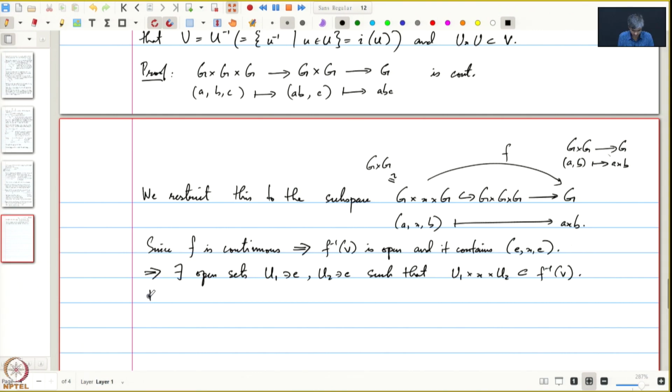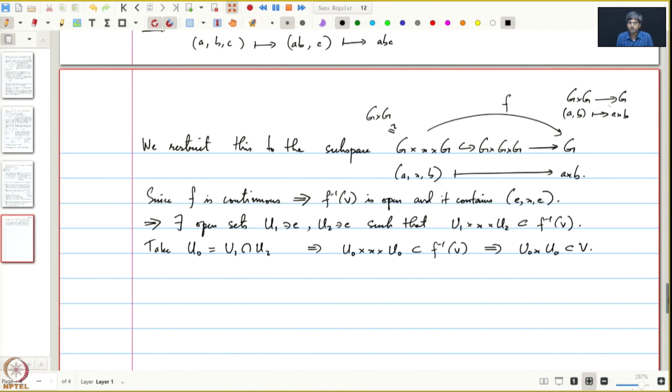So we take U0 to be equal to U1 intersection U2. So this will imply that U0 cross X cross U0 is contained in F inverse V, which implies that U0 X U0 is contained in V, right? But U0 may not have the property that U0 inverse is equal to U0.